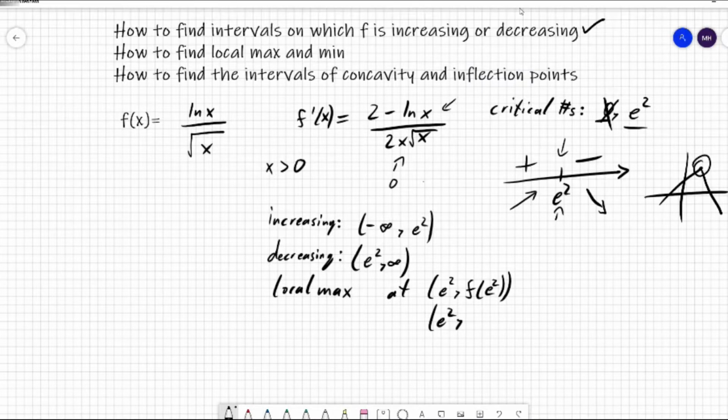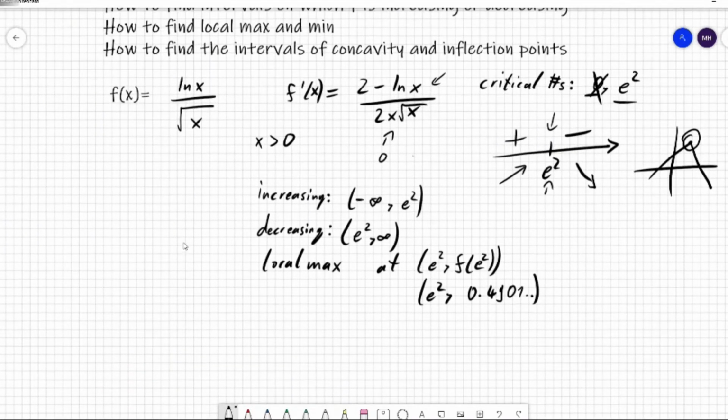Alternatively, you just plug it in. So 2 minus ln of 2 over root 2 equals 0.4901, and then so that's your point.